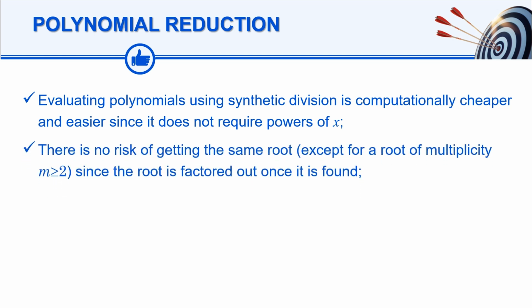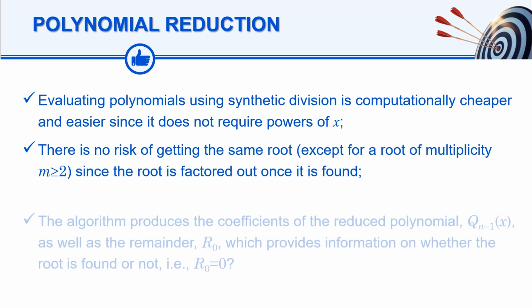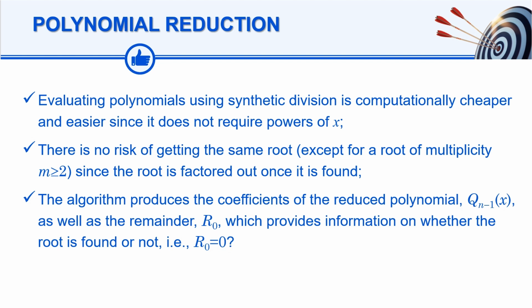There is no risk of getting the same root, except for a root of multiplicity m greater than or equal to 2, since the root is factored out once it is found. The algorithm produces the coefficients of the reduced polynomial, q sub n minus 1 of x, as well as the remainder, r0, which provides information on whether the root is found or not, i.e., r0 equals 0.